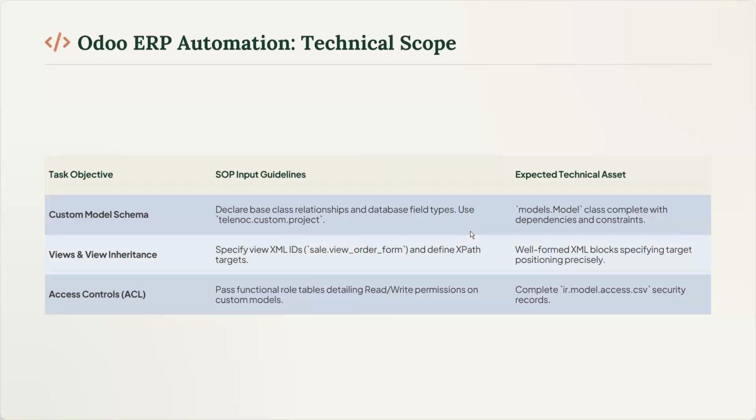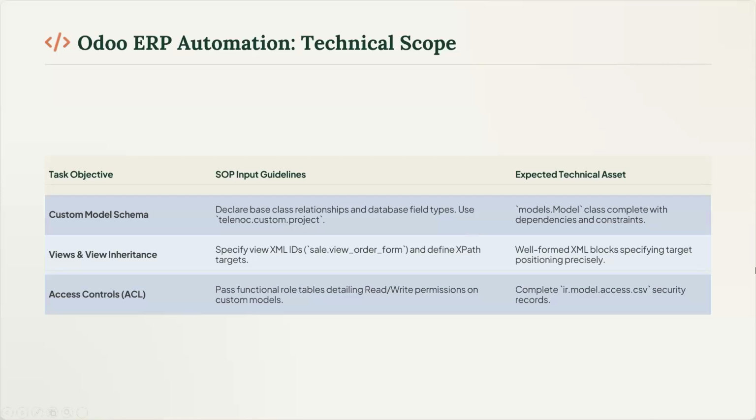The task objective, custom module schema, views and view inheritance, and access controls. We can give them the task like this if there is a technical scope, and make an autonomous agent. This autonomous agent will work as one of our delivery managers or consultants.